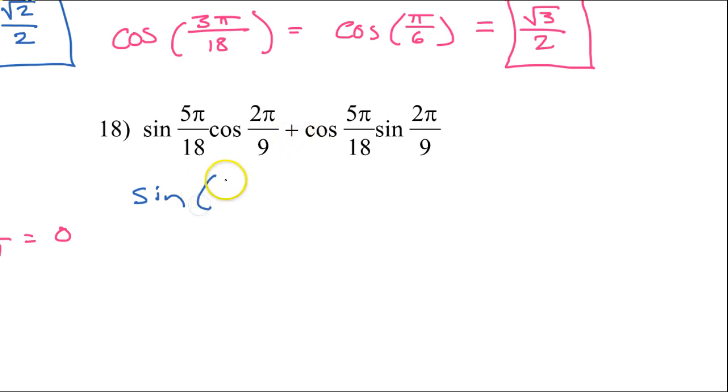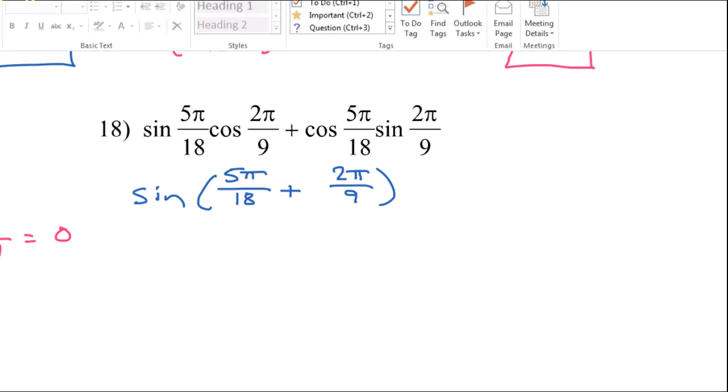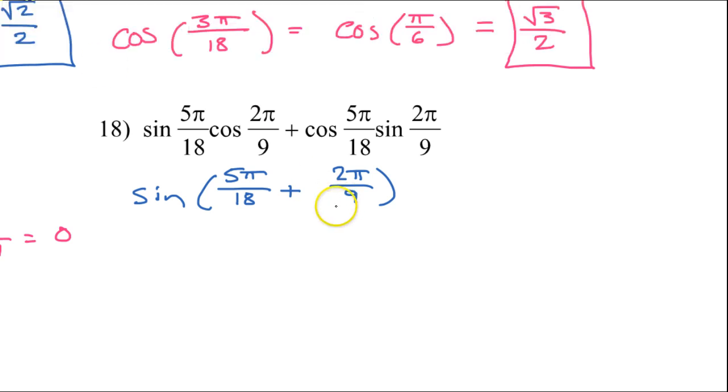So that's going to be the sine of 5 pi over 18 plus 2 pi over 9. In order to add these, I need like denominators, so I'm going to have to multiply by 2 in the numerator and the denominator.